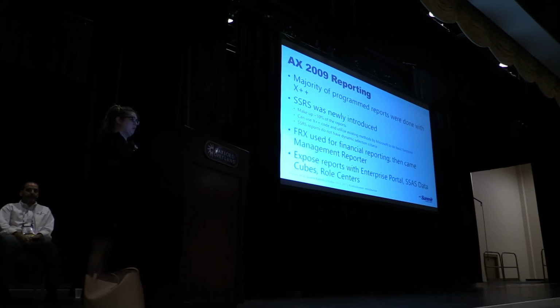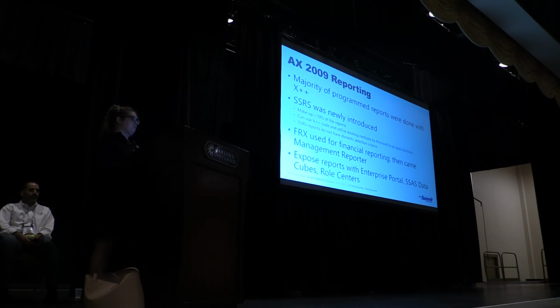Okay? A quick note about SSRS reports in 2009 is that the option for dynamically selecting criteria and fields to add into the report is not available. That functionality appears in 2012, which we'll talk about in a little bit, where you kind of select some field options.